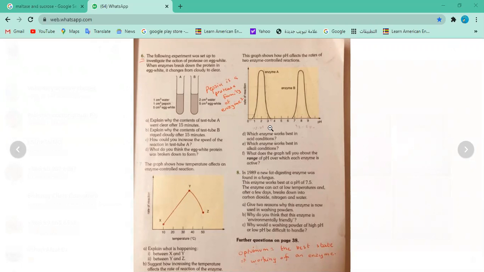1 to 3. Oh, really? Well, it only works in these three pH values. Yes, Aisha? It's 2. So they're asking for a range. When they ask for a range, you need to focus on the enzyme reaction, where exactly it's increasing.